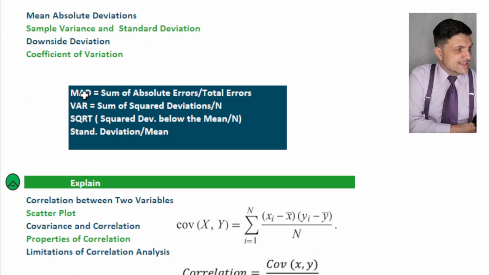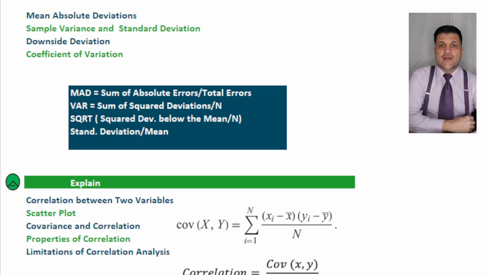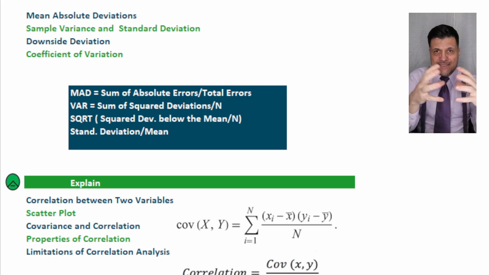What is MAD? It is the sum of the absolute errors: take all the deviations from the mean, remove the negative sign if there are any, add them, and divide by the total number of observations, and you have the mean absolute deviation. The variance is, instead of the absolute value, you square all the numbers, then add them, and divide by the number of observations if it's the population, or the number of observations minus 1 if it's a sample.